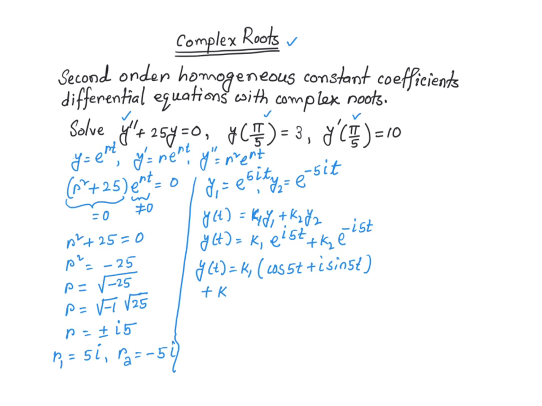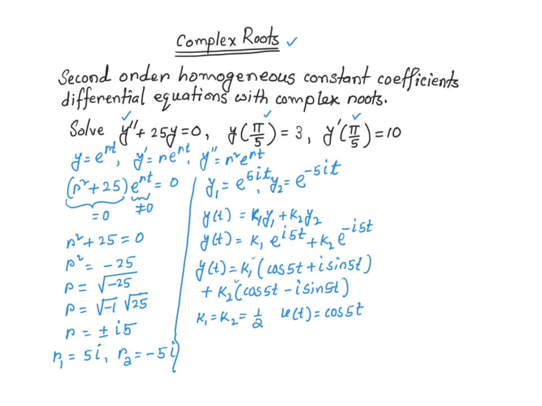Plus k2 times cosine of 5t minus i times sine of 5t, which is just Euler's formula. Now, by adjusting the values of k, if we make the assumption that k1 is equal to k2 is equal to 1/2, then we get u of t is equal to cosine of 5t.